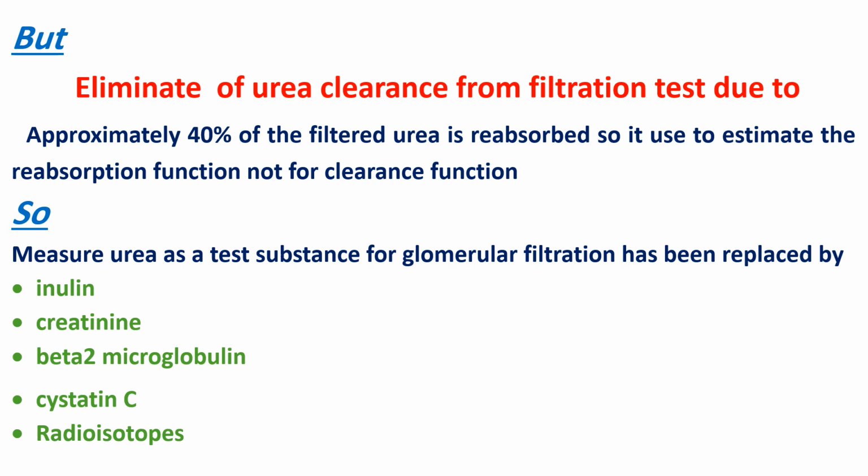But urea is a limited clearance test, because approximately 40% of filtered urea is reabsorbed, so it is used to estimate the reabsorption function, not the clearance function. So urea as a test substance for glomerular filtration has been replaced by inulin, creatinine, beta 2 microglobulin, cystatin C, and radioisotopes.